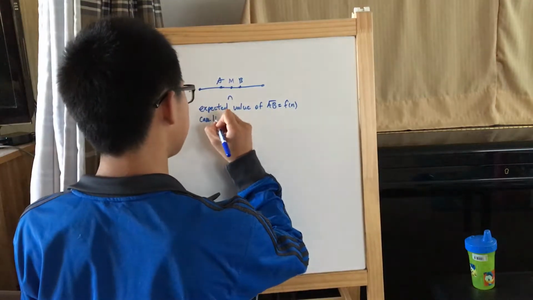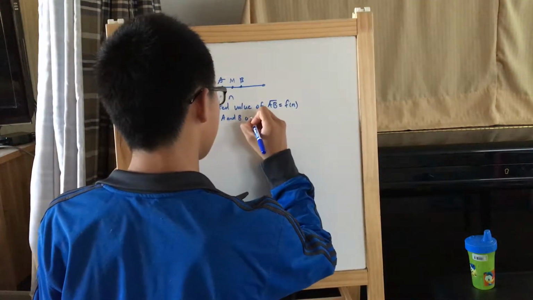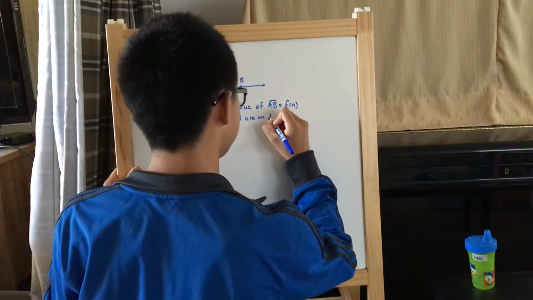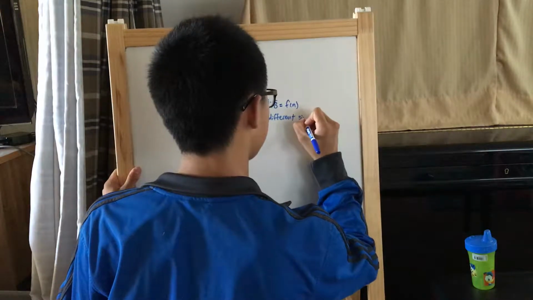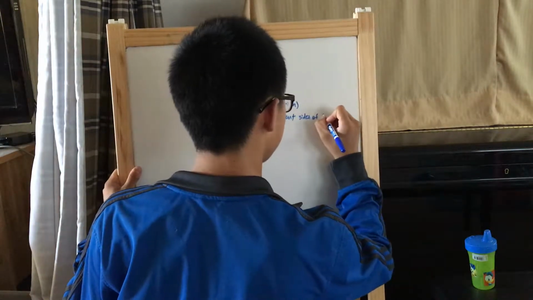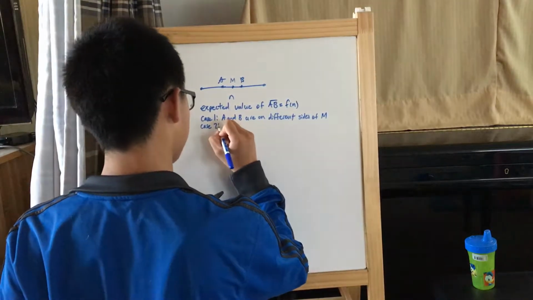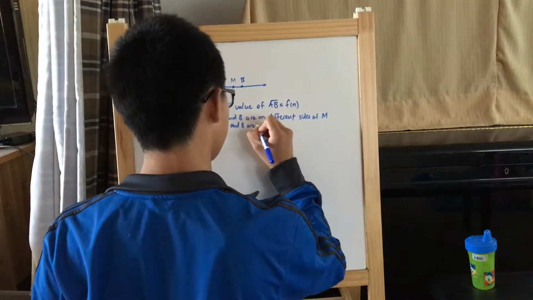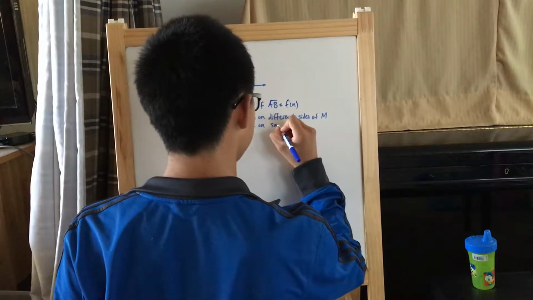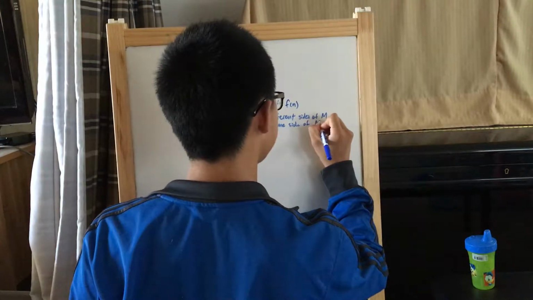Case 1: A and B are on different sides of M. And case 2: A and B are on the same side of M.